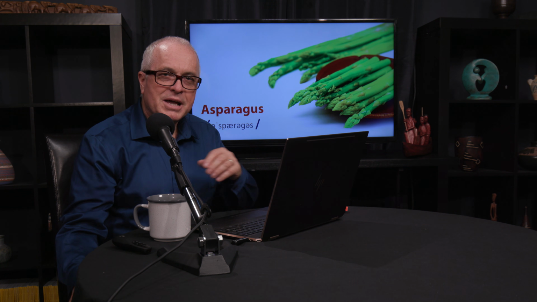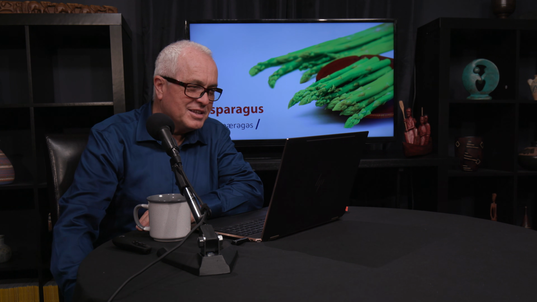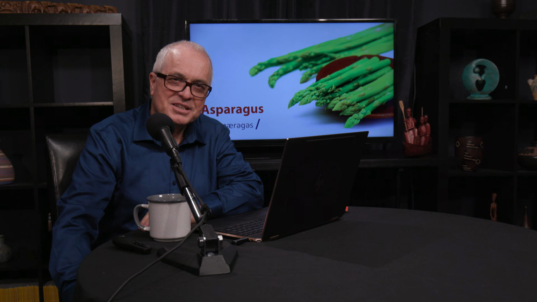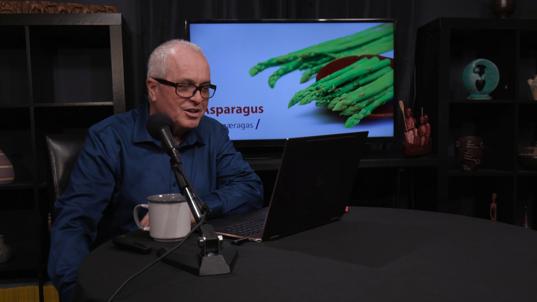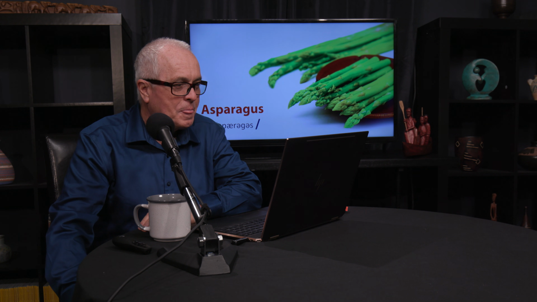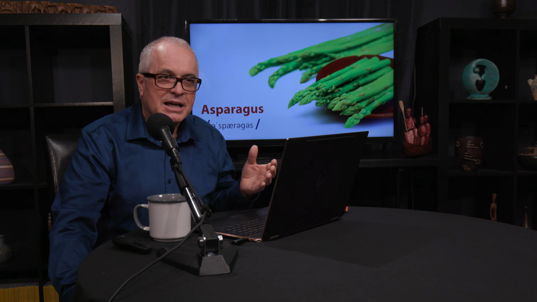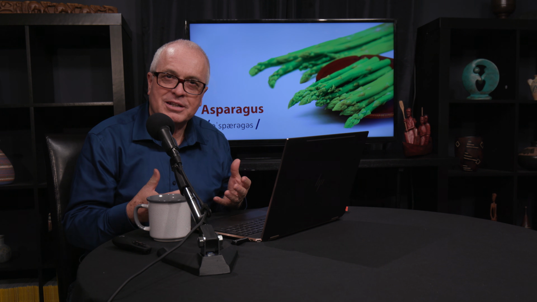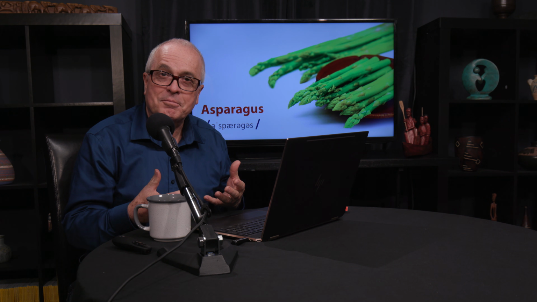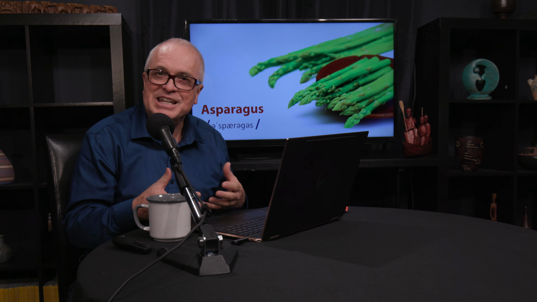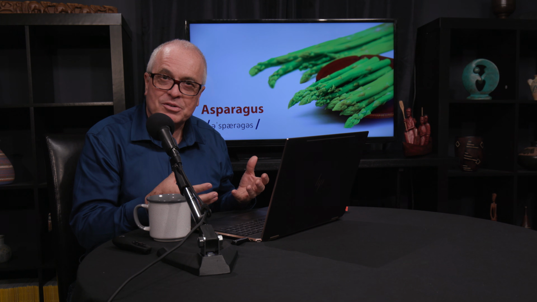All right, welcome back, and let's take a look at some of these new terms that we have learned, some of these new English words for our vegetables. And I just might say from the outset that more and more people today are learning to become vegetarians and eating primarily vegetables.